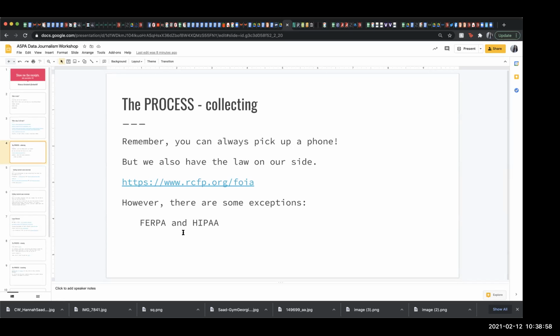But they're not limited to that. If it's something like the school lunches, let's say, that would be data that you would need to collect yourself. You would need to get maybe yourself and some friends, some people in your newsroom to go out there and conduct your own survey.